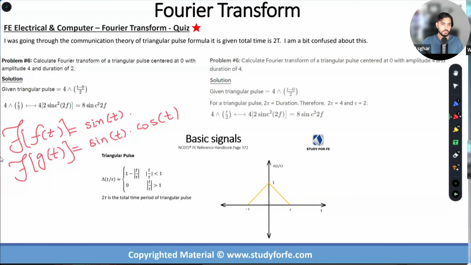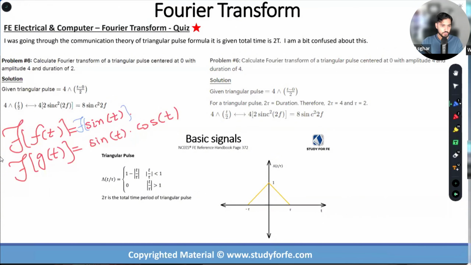Fourier transform of f of t should be a slam dunk because you just look up the pair in the reference handbook. Correct?